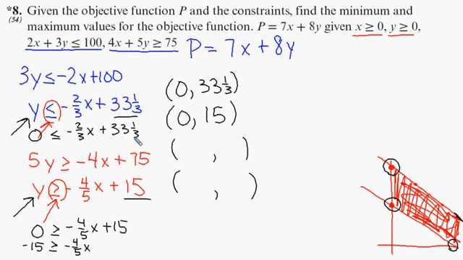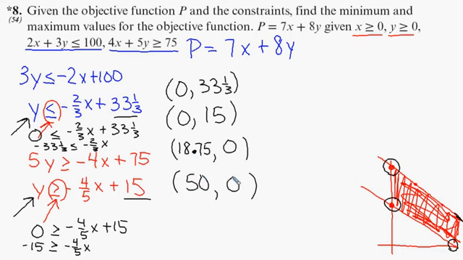Bring this 33 over here, you're going to get negative 33 and 1/3 is less than or equal to negative 2/3 x, okay? So when you solve for x on both of those, you're going to be left with 18.75 as one of the x-intercepts, and of course 0. And the other one is 50 and 0, okay?